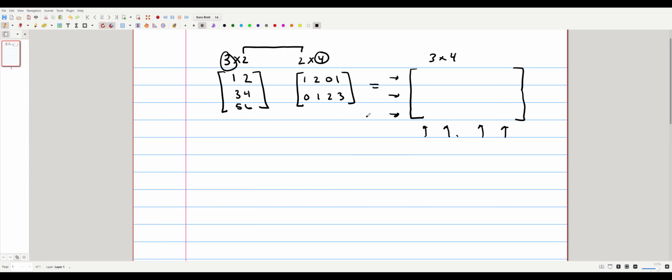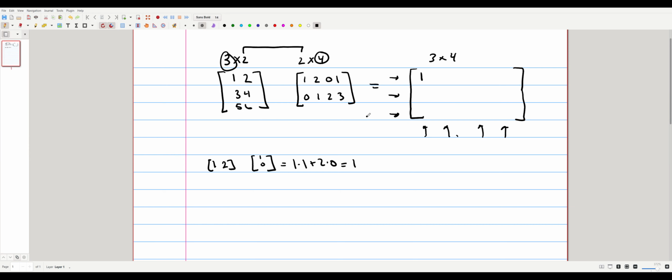Well, to see what goes in our first row, first column, we need to take the first row of the matrix on the left and the first column of the matrix on the right. We multiply the entries that are in the same location. This is the first entry, this is the first entry, this is the second entry, this is the second entry, and so we're just going to multiply those terms and add them together. So this is equal to 1 times 1 plus 2 times 0, which is just 1. So that's what goes here.